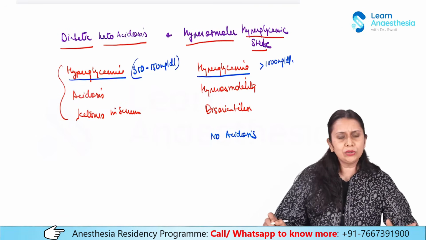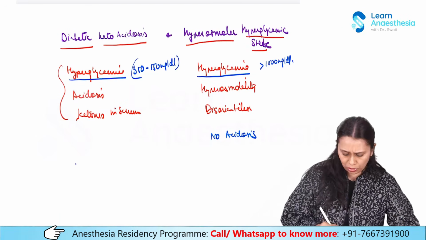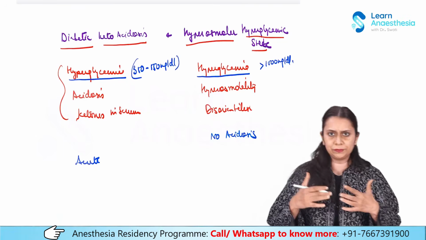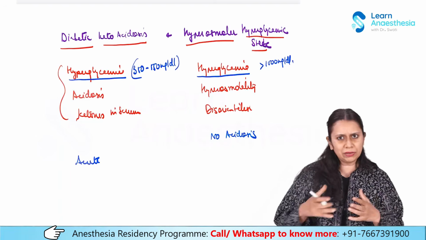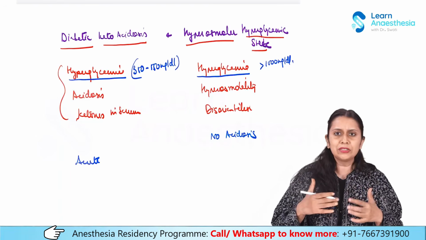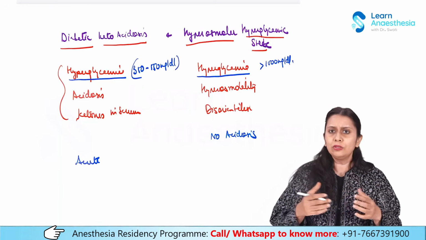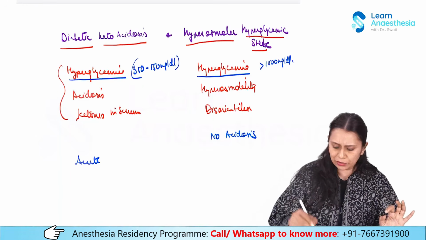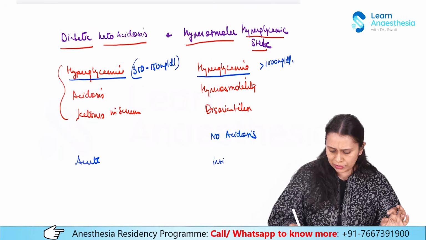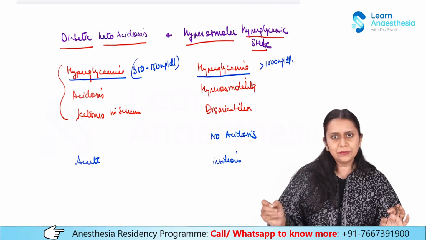Now, diabetic ketoacidosis is a more acute presentation. The patient presents in a faster manner, the condition complicating fast. So, diagnosis is a bit early compared to hyperosmolar hyperglycemic state. Here, the presentation is more insidious. Okay.